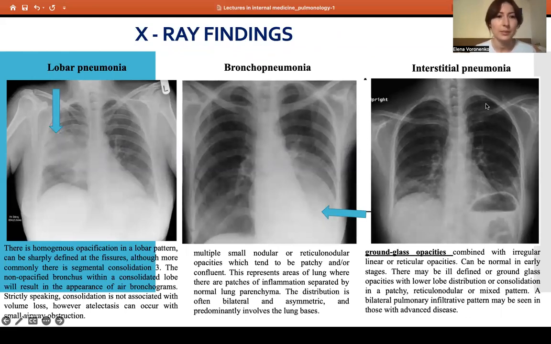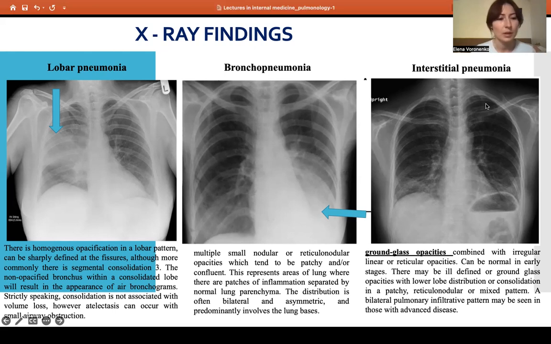X-ray findings, lobar pneumonia. There is homogeneous opacification in a lobar pattern, which can be sharply defined at the fissures. Also, more commonly, there is segmental consolidation.